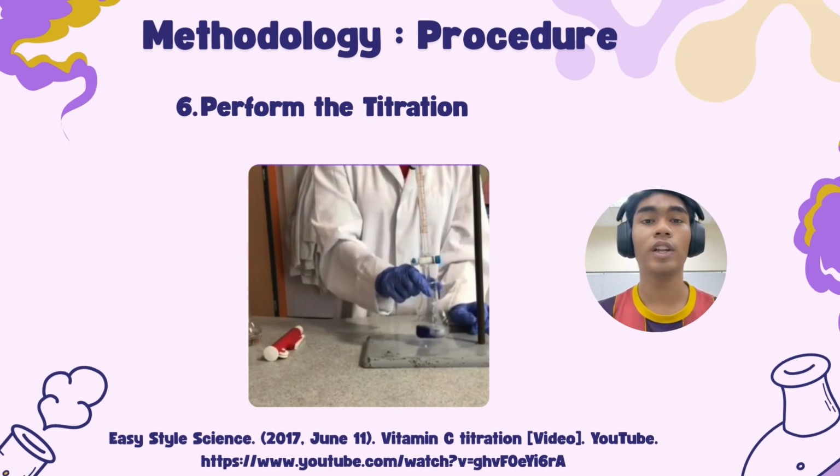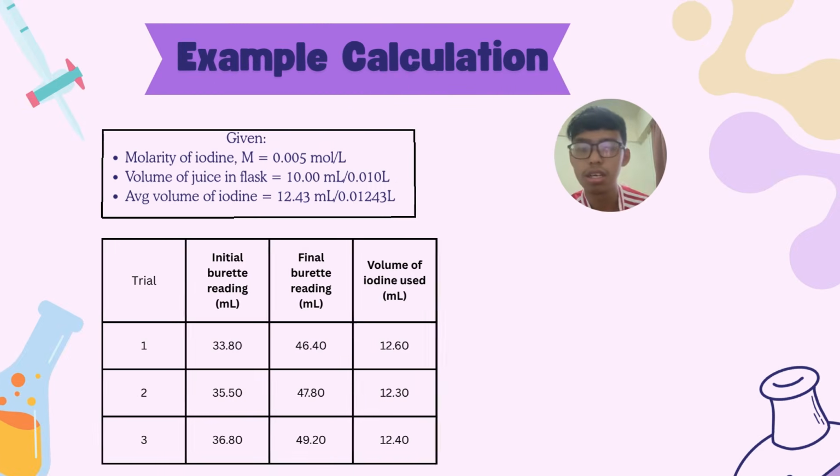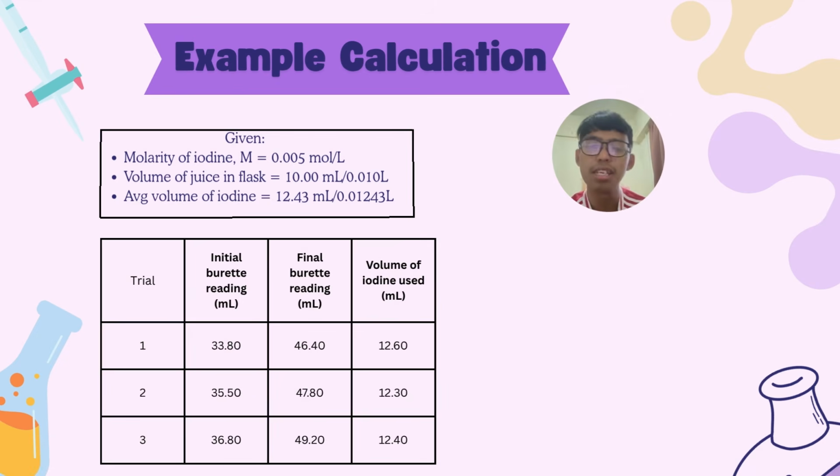We continue to Daniel to elaborate more about the calculation step. Now we are at the example calculation part. This is the data that we obtained. Let's say we have iodine with a molarity of 0.005 mol per liter, a volume of juice in the flask of 10 milliliters, and an average volume of iodine from the experiment of 12.43 milliliters.